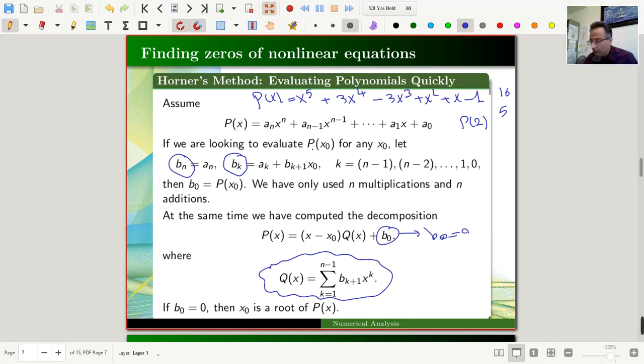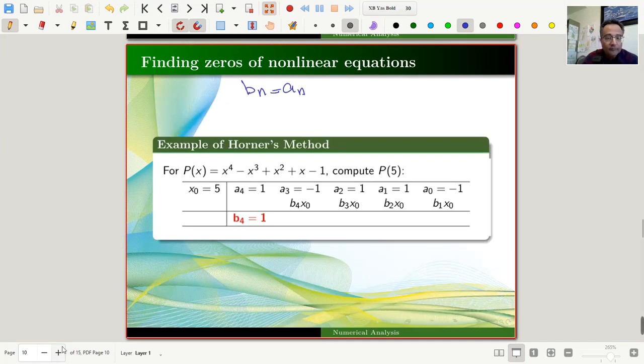Let me write it here: bk equal to ak plus bk plus 1 times x0.